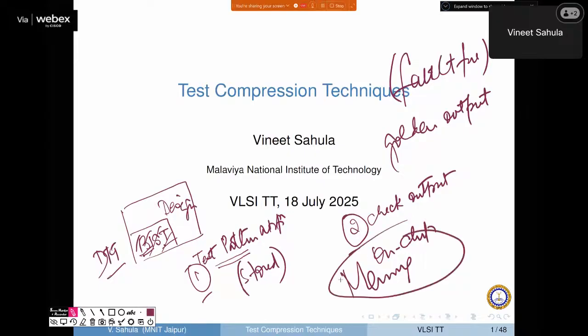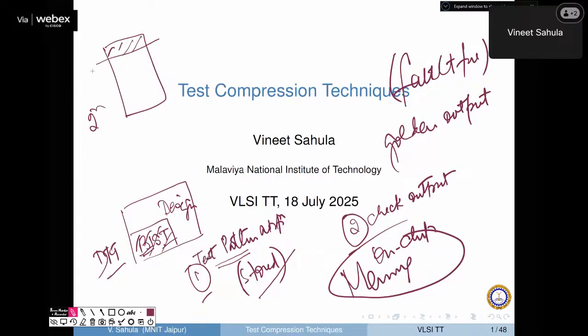And this is a huge requirement actually, right? So we cannot do anything about test patterns. Only thing is, if we have exhaustive 2 to the power n patterns, we use only a very small fraction of it, right? So that way we reduce the memory storage to a small amount. About the golden output, we cannot do anything.